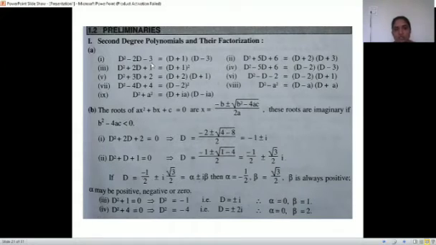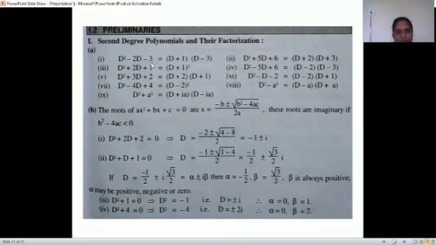Are there such numbers? We have to check. There is only one way we can write 3, either 3 into 1 or 1 into 3, right? There are no other integer factorizations.